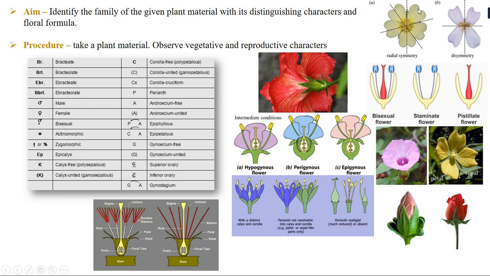Now, if you see this, if the flower is showing a radial symmetry like this, it is an actinomorphic flower. And if it is dissymmetrical, it is known as a zygomorphic flower. So if the flower is showing a radial symmetry and it is actinomorphic, the symbol is this. And if it is showing dissymmetry, it is zygomorphic, then the symbol that is denoted is a percentage sign.